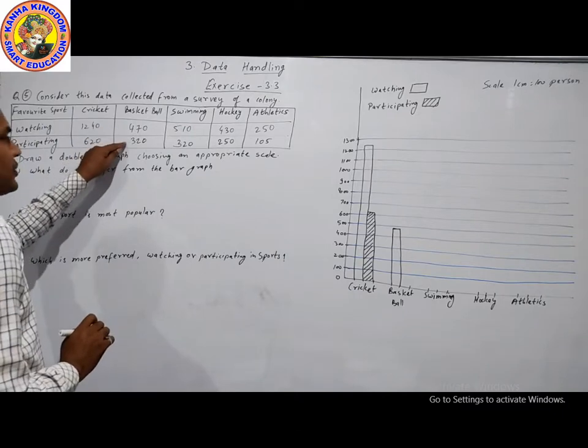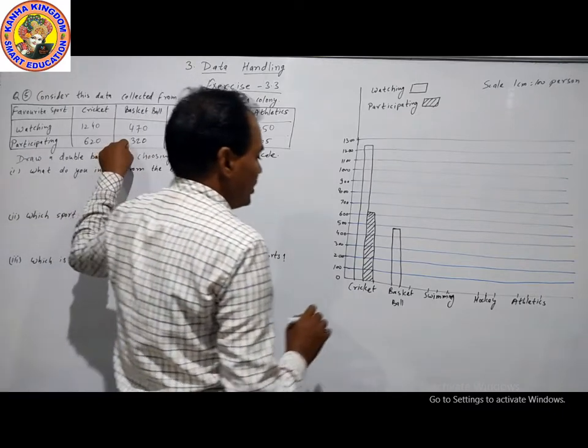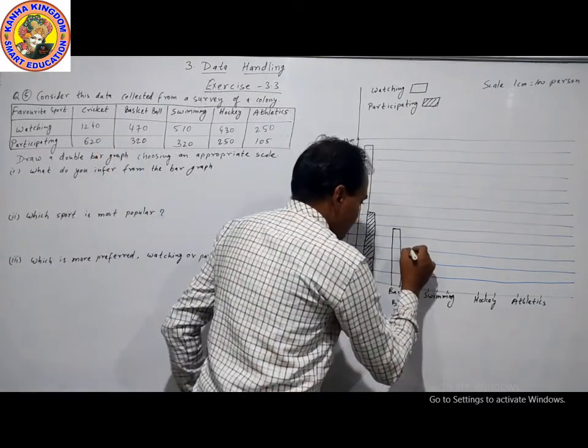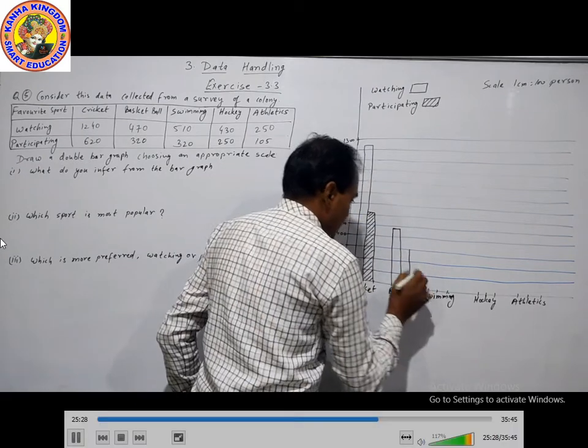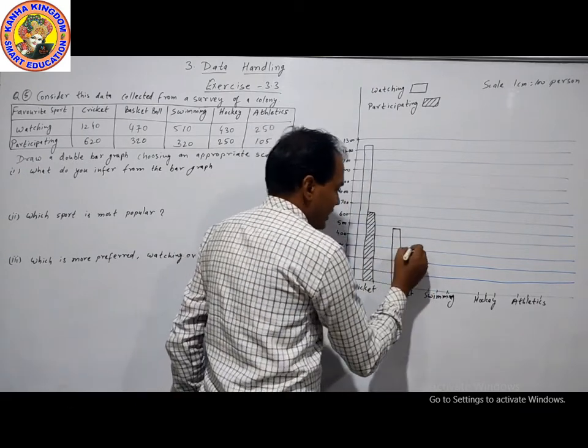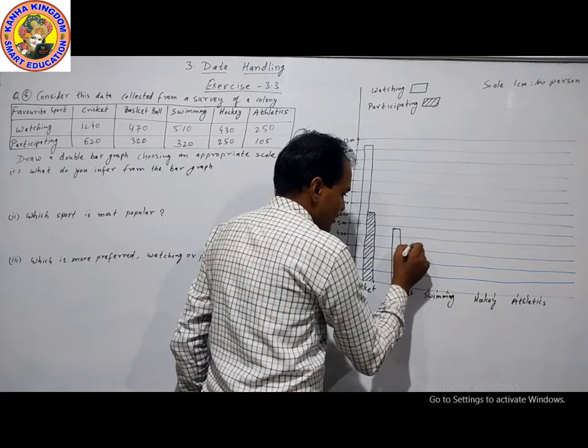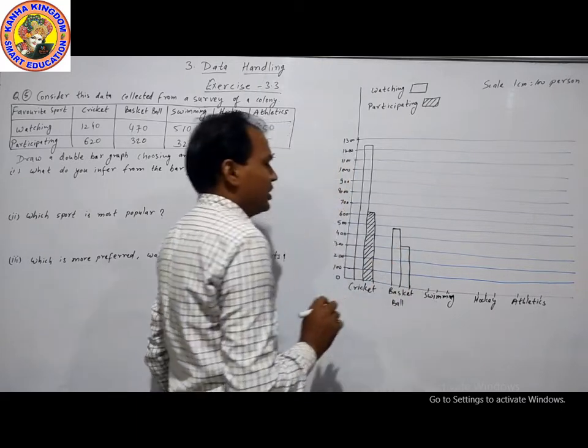Now participating is 320. For the second bar, 300 is here and this is over 320.